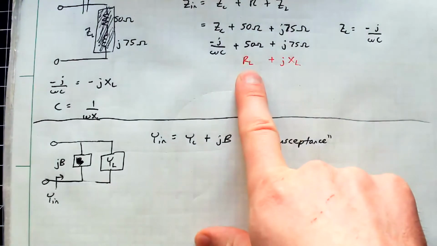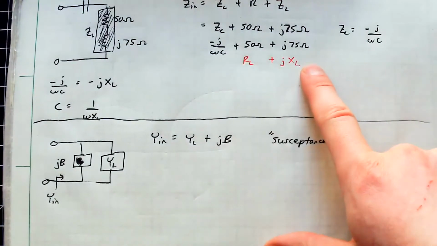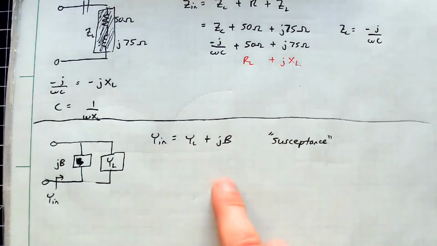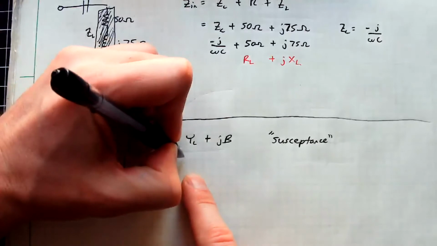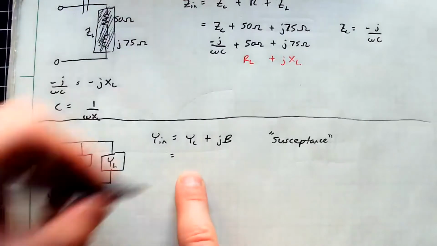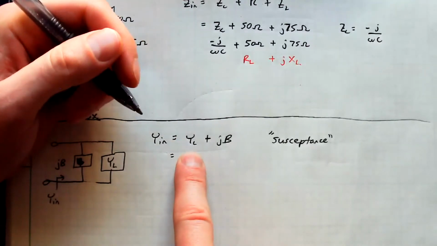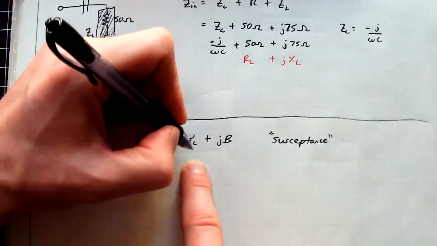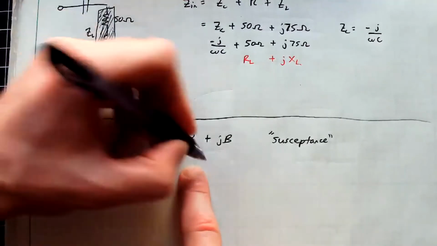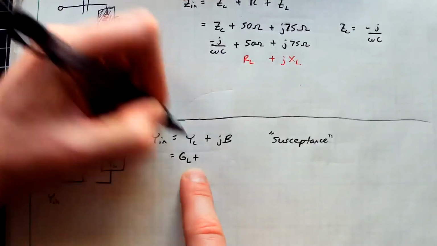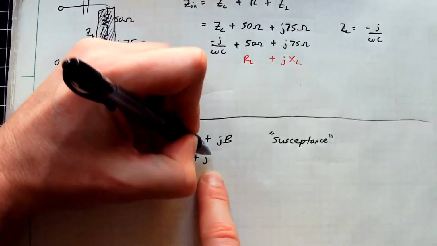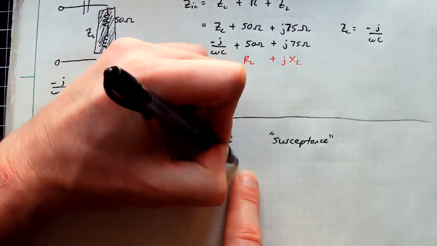So that's resistance when you're impedance, and then it's reactance, and then you have conductance and susceptance when you do the opposite of everything. This is where it gets a little annoying because I don't think there's a dedicated letter for this here. I think, oh, it's G, that's right. So you'd say GL plus JBL plus JB.